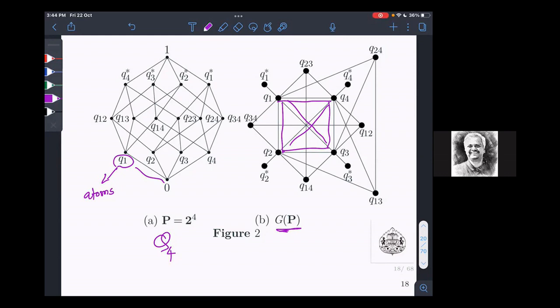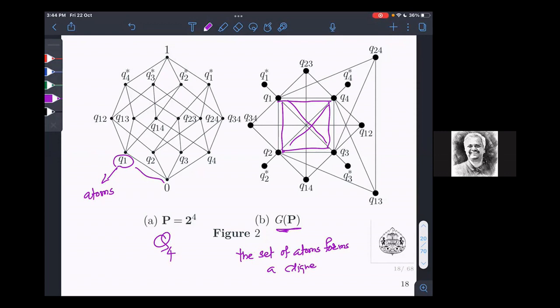Essentially, the set of atoms forms a clique. So naturally K4 is there, and you need at least 4 colors to color this graph.